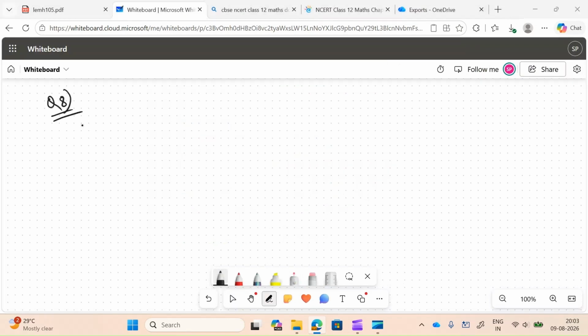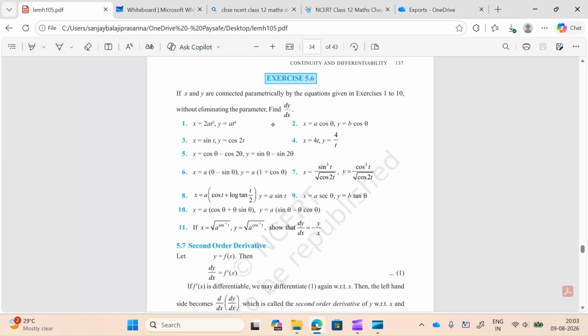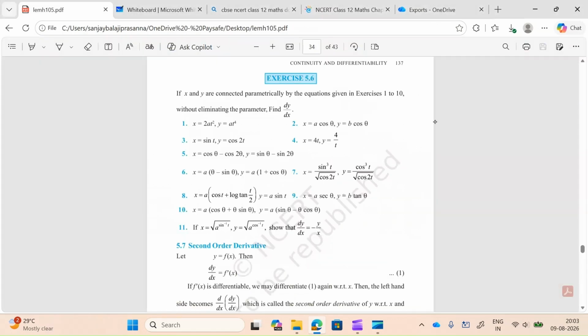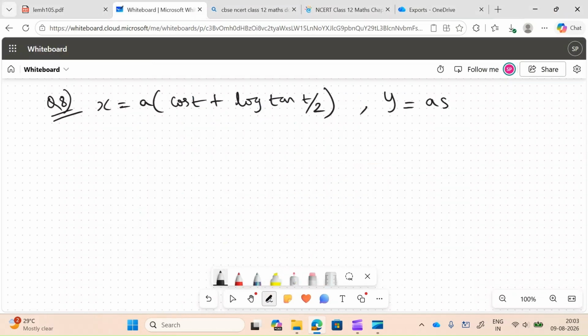Question 8: x equal to a of cos t plus log tan t by 2. Don't be afraid of the complex function at all. Only thing you need to know, like 3-4 things: differentiation, chain rule, u by v, uv. That's the main thing.